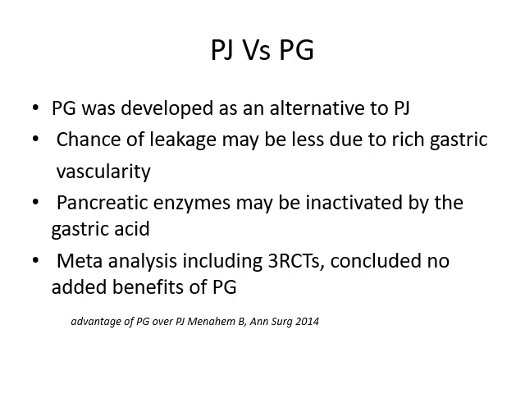So theoretically, pancreaticogastrostomy is better than pancreaticojejunostomy because of the rich gastric blood supply, and the pancreatic enzymes usually are not activated in the stomach. So the theory of the cause of the leak is that the pancreatic enzymes digest the anastomosis.